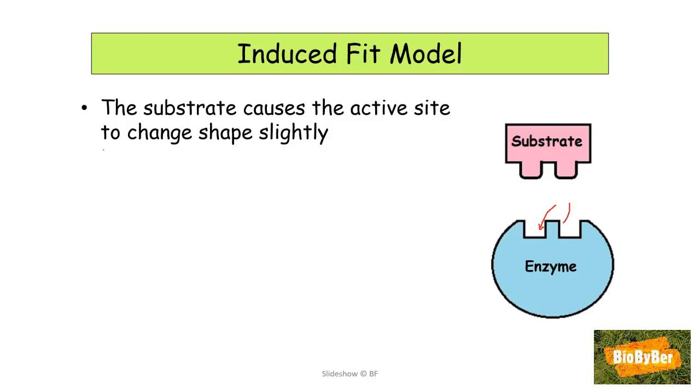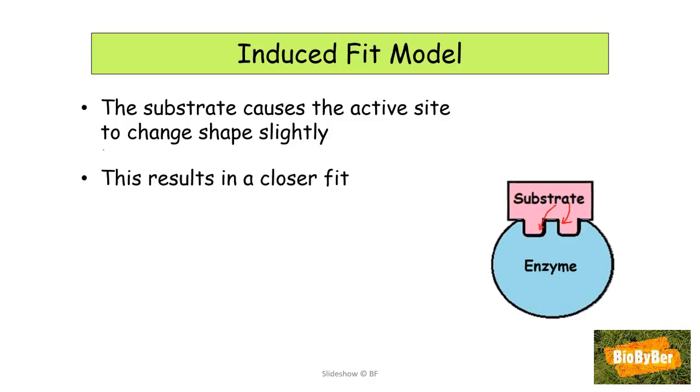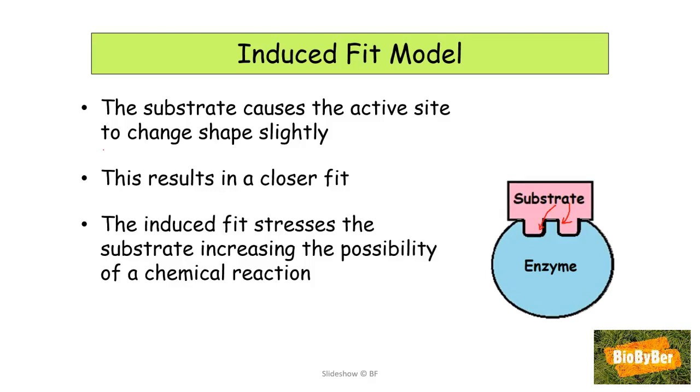It's maybe not 100% a carbon copy of the substrate, but it's a flexible depression, as we have said, and it can change shape slightly according to this theory. This results in a closer fit because the substrate and the enzyme snuggle into one another and fit more closely. The induced fit stresses the substrate, increasing the possibility of a chemical reaction.